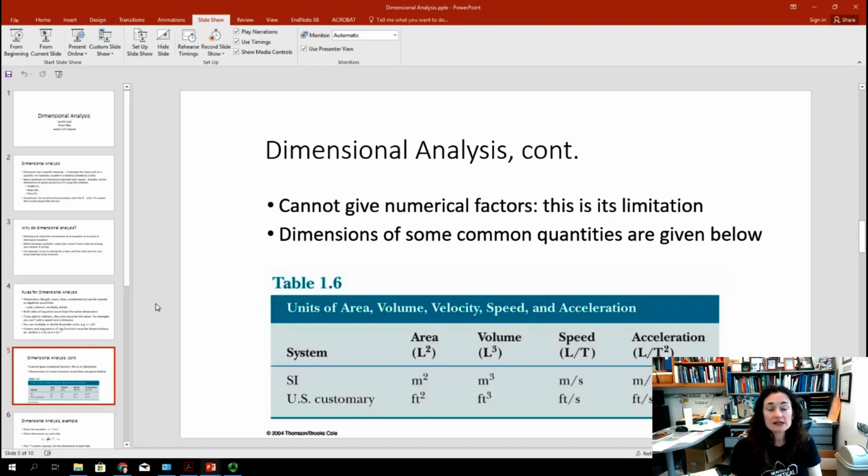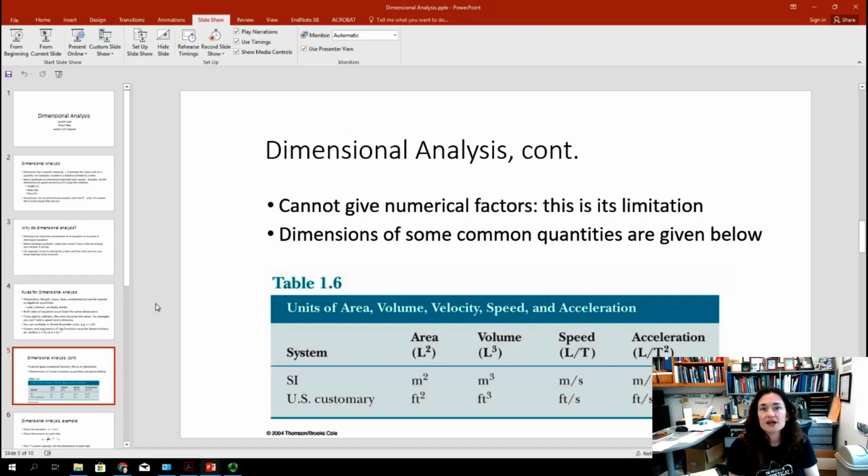Okay, so let's talk about what the dimensions and the SI units of some common things that we're going to be dealing with for examples in this chapter are, all right? So we're going to be talking about lengths or distances. Those have SI units of meters and dimensions of length. Areas have SI units of meters squared and dimensions of length squared.